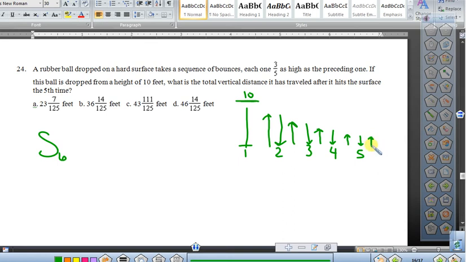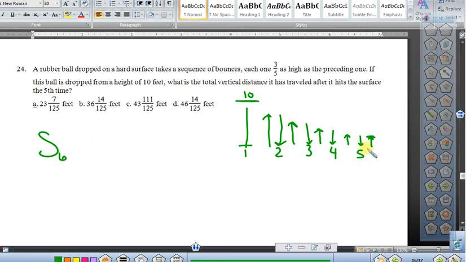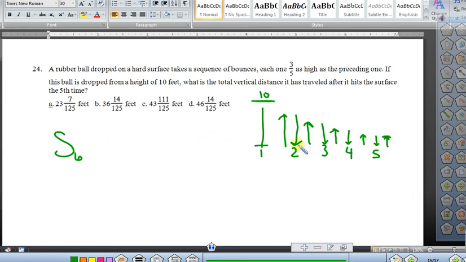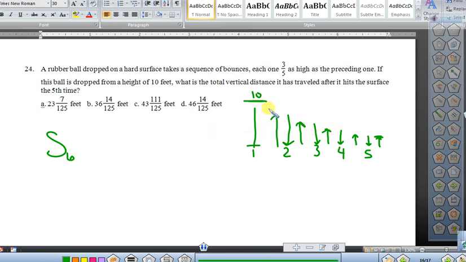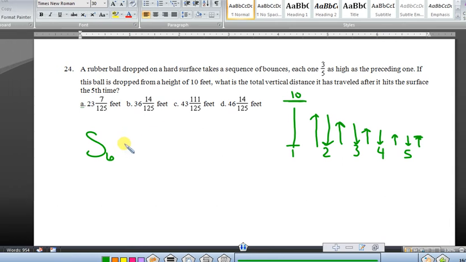So you're looking for this place right here. Okay, it looks like it's the same as that, but use your imagination there. So you're actually looking at 1, 2, 3, 4, 5, 6 different heights there.